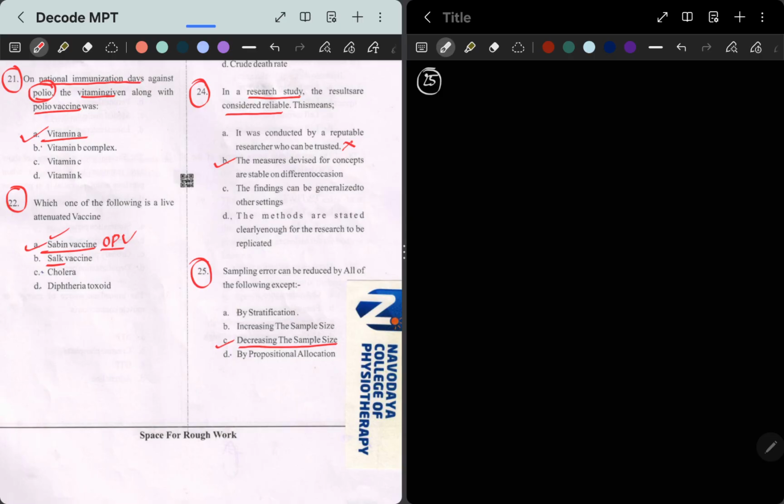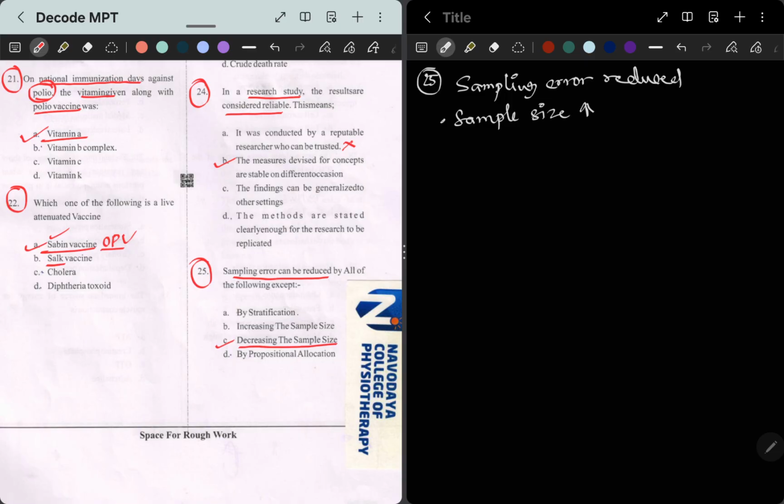Sampling error is reduced when the sample size increases.